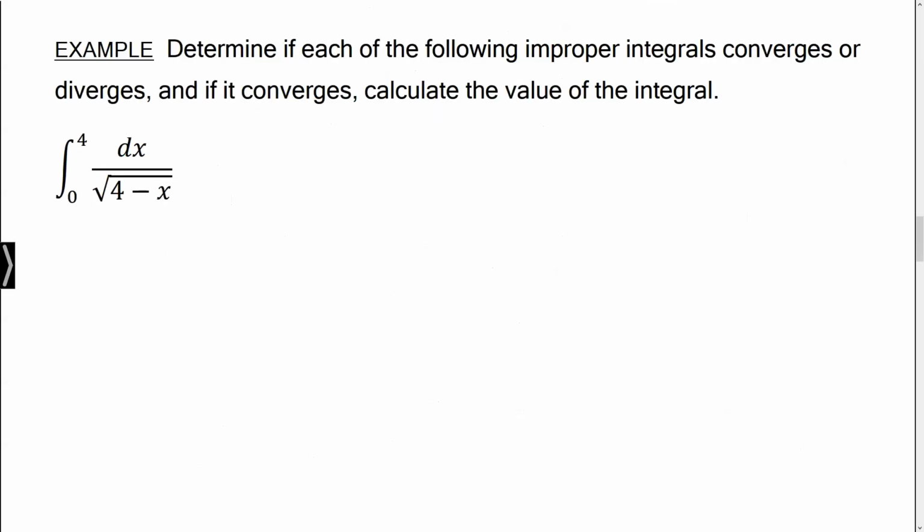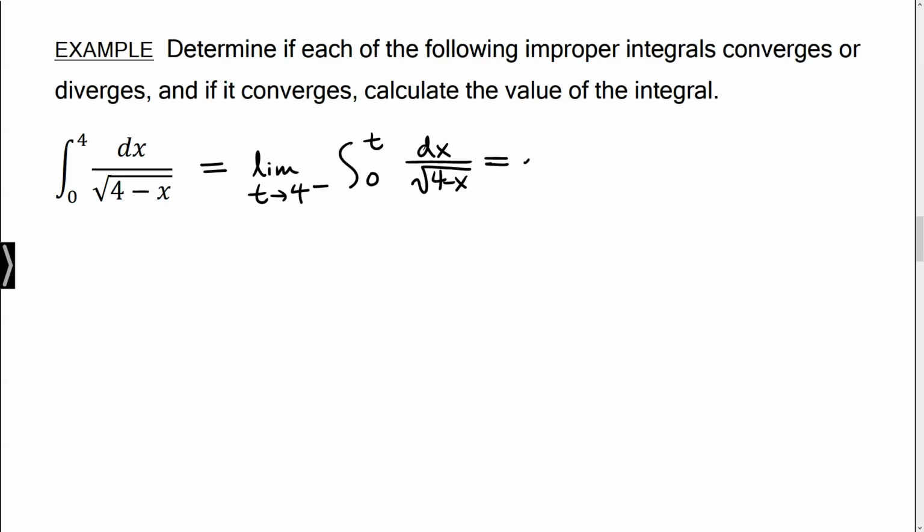Okay, we'll start with the example that I already talked about earlier, the integral from 0 to 4, where the problem is at the right endpoint at 4, the integrand is blowing up. So we're going to define this as the limit as t approaches 4 from below of the integral from 0 to t of dx over square root of 4 minus x.